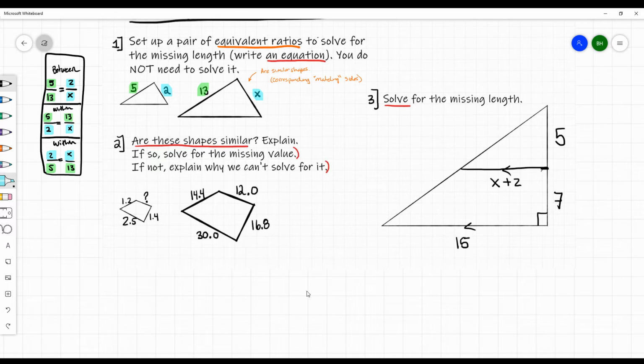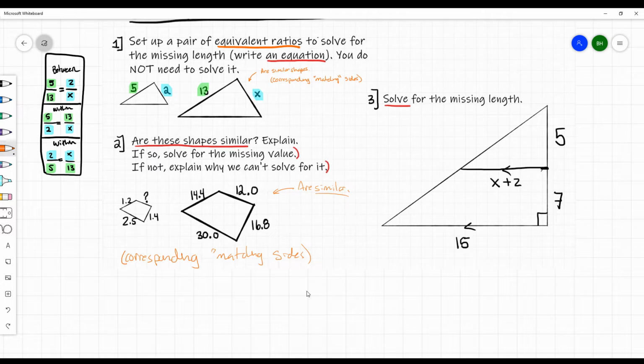So the first thing we got to do for any problem like this, I'm going to do it in orange, is we need to find corresponding or matching sides. Okay. Once again, I did the teacher mistake. These are similar. Or I guess I write that they're similar, but I needed you to prove to me, are they actually similar?